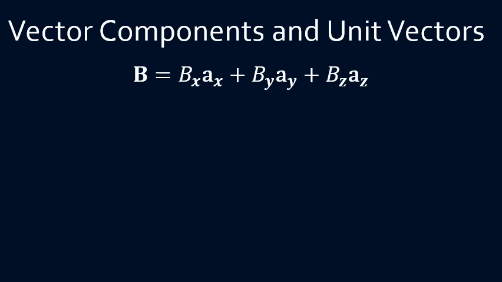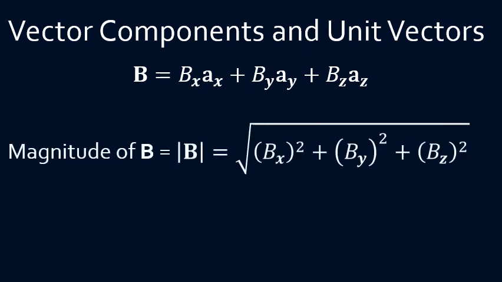Bx, scalar component along the direction of the unit vector x. By is a scalar component in the unit vector in the direction of ay, and bz sa z din. Makukuha natin yung magnitude ng vector b using the formula. So para lang siyang Pythagorean theorem, pero dahil tatlo yung coordinate axis natin, in-square natin.